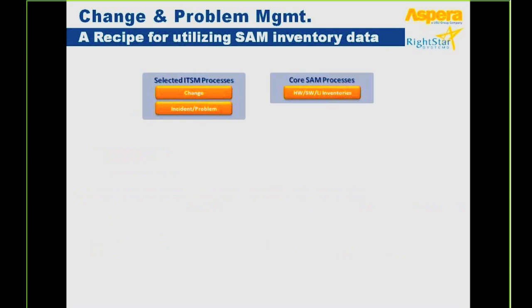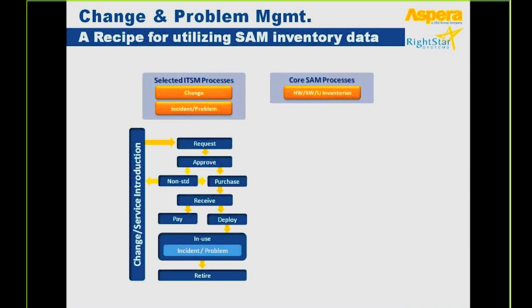Okay, my second example, the second process I would like to talk about is how the change and problem management process of your ITSM tool can benefit from software asset management data, from data that is provided by the SAM tool. On the left side, you see the classic process design for a change and problem management process.